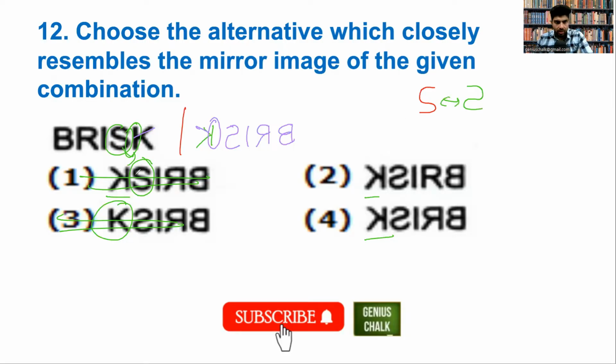So this is cancelled. Next we are left with 2 and 4. Let's find the correct one. So we have K, we have S, we have I. Now if you focus here on R, if this is R, this has to be like this. But here it is the same, so this option is cancelled. The answer is the fourth option. The 12th answer is the fourth option.